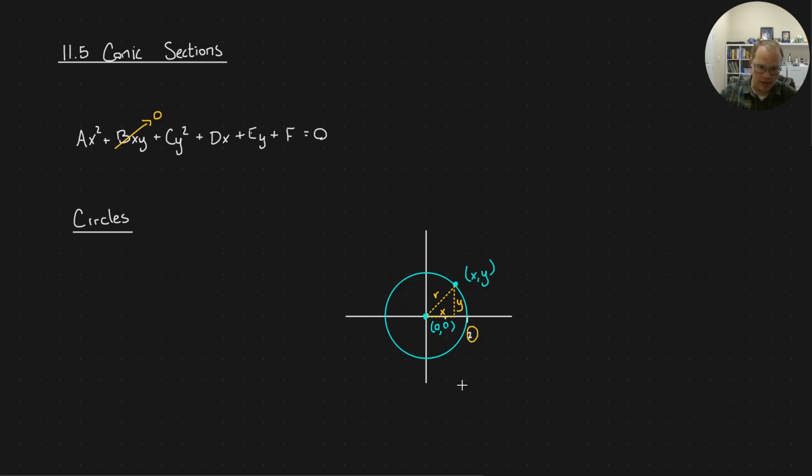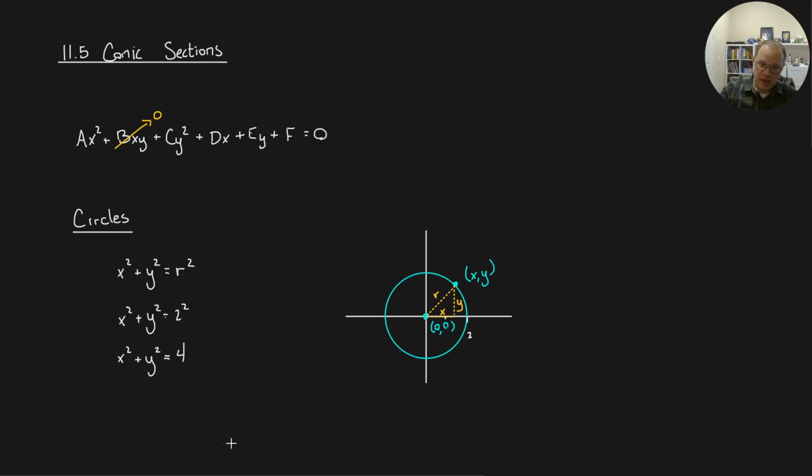Which in this example is 2. Okay, so if we use the Pythagorean theorem, we know x squared plus y squared is equal to the radius squared, okay? In this case, that'd be x squared plus y squared equals 2 squared, or x squared plus y squared equals 4. Okay, so this is a circle, and the key thing here is radius squared.